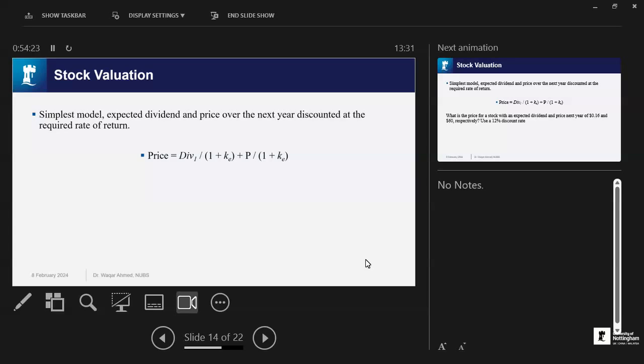So you'll get P, the price of the stock, but the price of the stock at some future time might be any number, right? Okay, so if you hold the stock for some time, you are entitled to dividends plus the price that you'll get when you sell the stock.